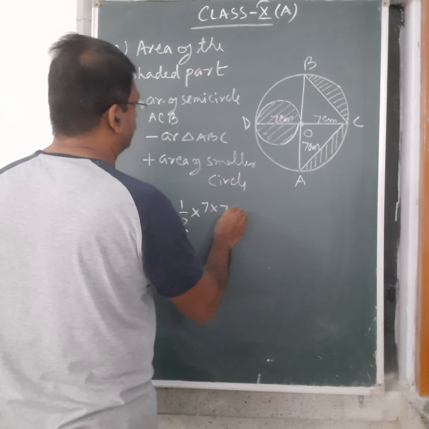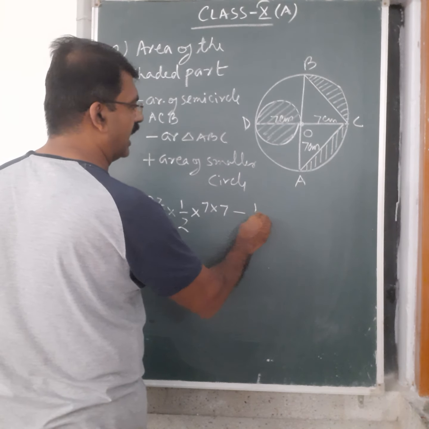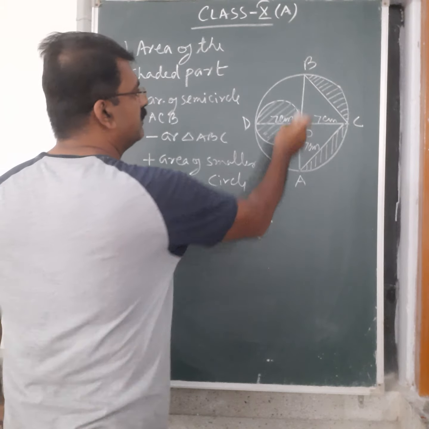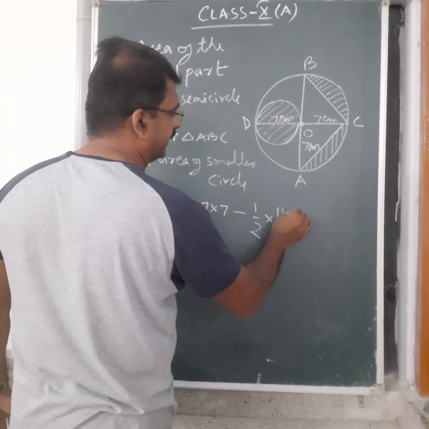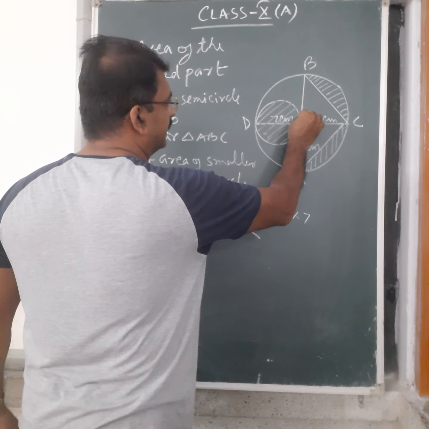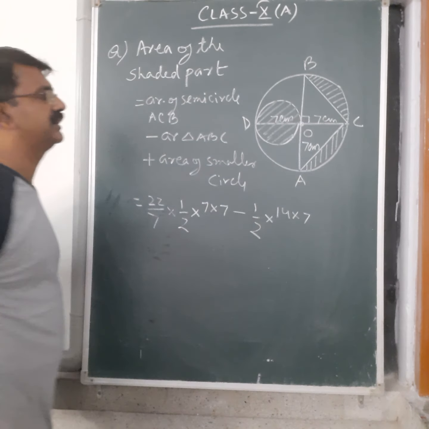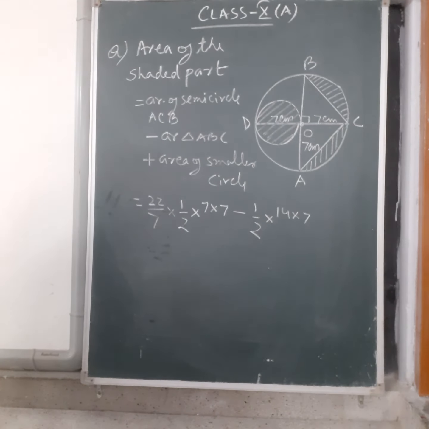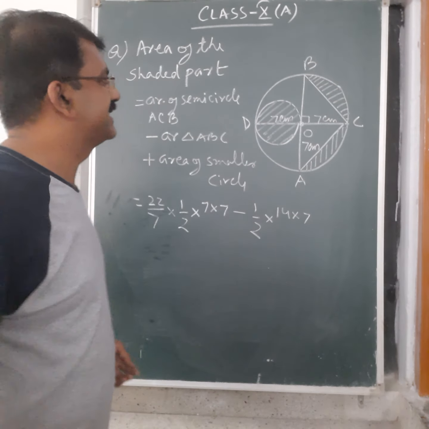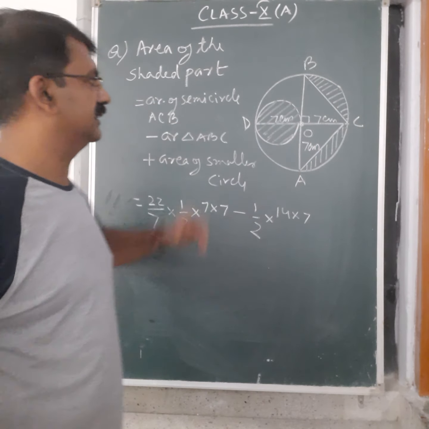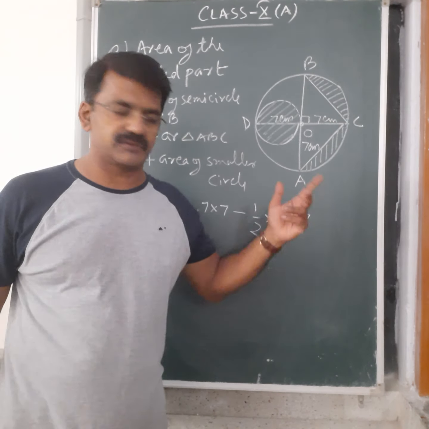Now from that you subtract the area of the triangle, so half, base will be 14 and the height 7. So 14 into 7. It was given that the two diameters are at right angles. So half base into height. So half into 14 into 7 is the area of the triangle.